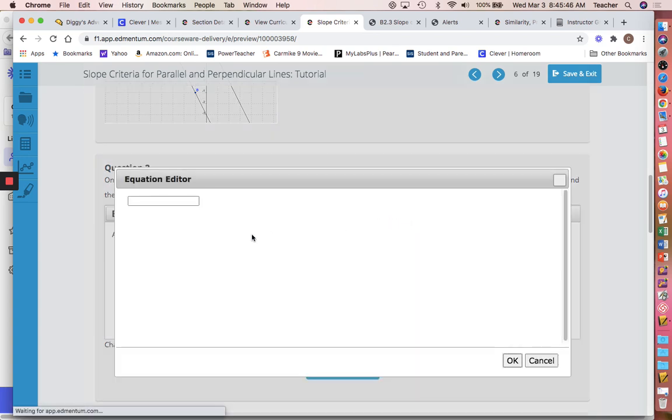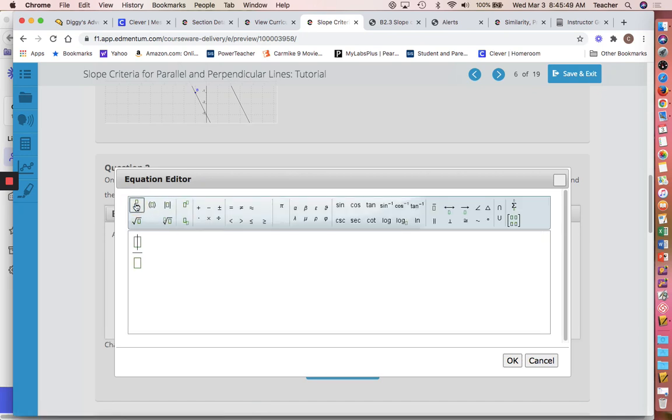If you're a visual person, let me put that in here for you. y2 minus y1, that's what goes on the top. Then we've got x2 minus x1. There is my formula for my visual people.